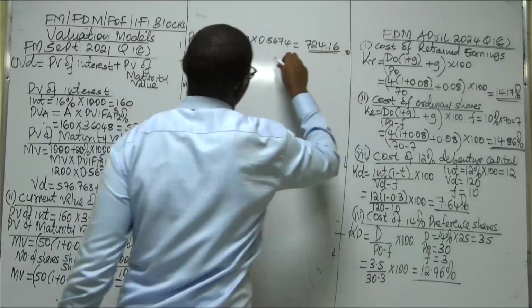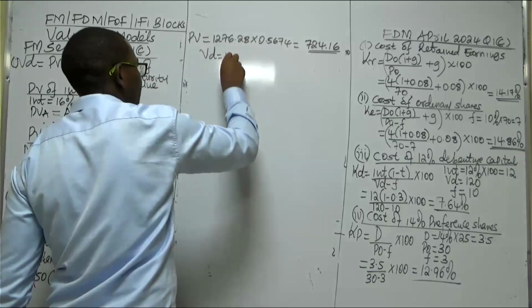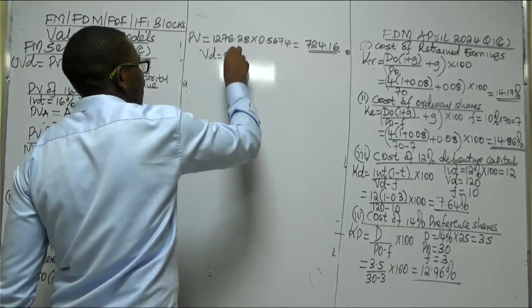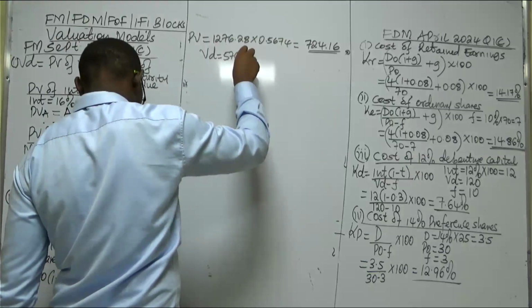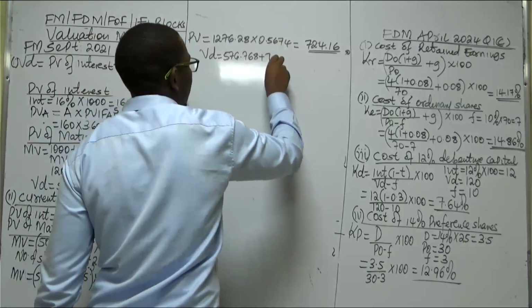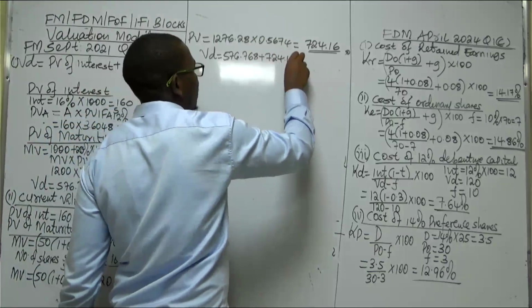Therefore, the value will be given by 576.768, you add 724.16.